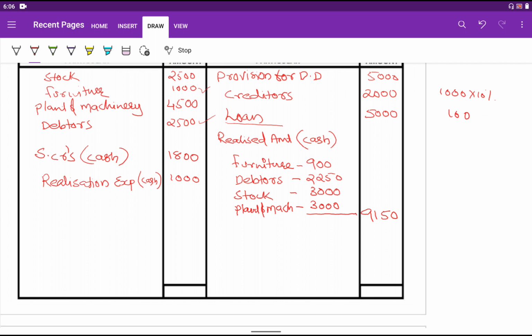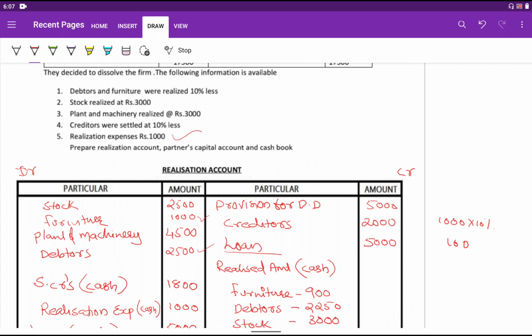Even if you are not realizing some asset in the market, settling of liabilities is compulsory. So we will write loan, paid by cash, 5,000. That also is settled. Now no other adjustment is there; we adjusted all five adjustments in realization.